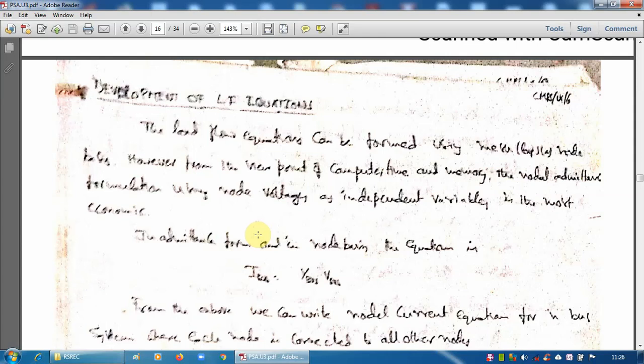So the problem is to be formulated or framed in a particular manner. That problem formulation is nothing but development of load flow equations. That we will see in the next video.